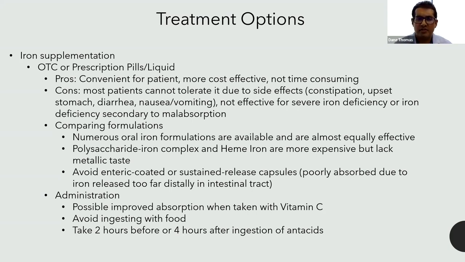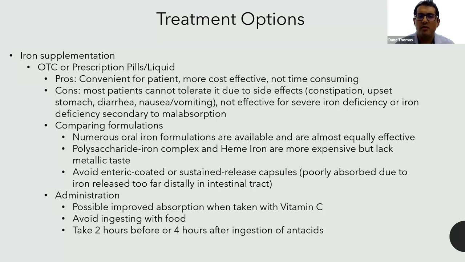Comparing formulations of oral iron supplementation can be daunting because there are so many different formulations out there. But all in all, based on current studies, all of these formulations are pretty much equally effective. So you can't go wrong with most of them.